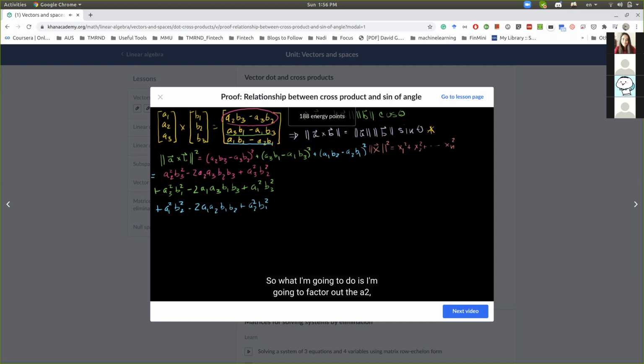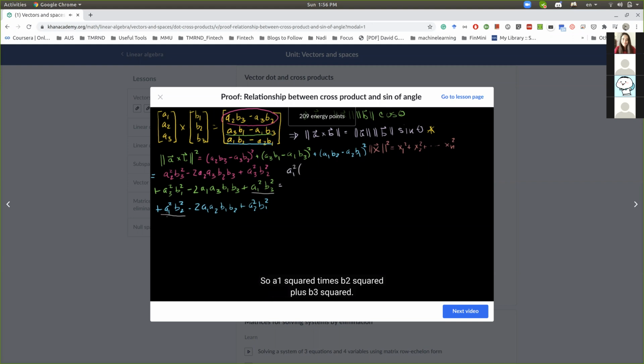So what I'm going to do is factor out the a1 squared, a2 squared, a3 squared terms. So I could write this as, let me pick a new neutral color. Where are my a1 squared terms? I have that one right there and that one right there.